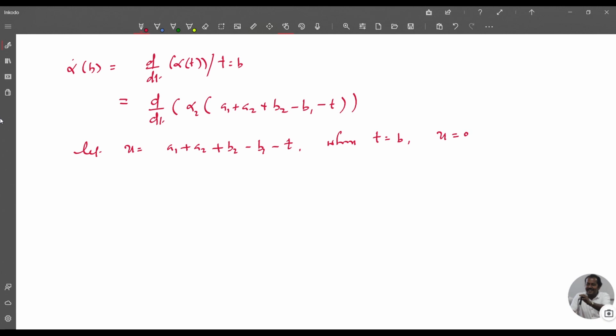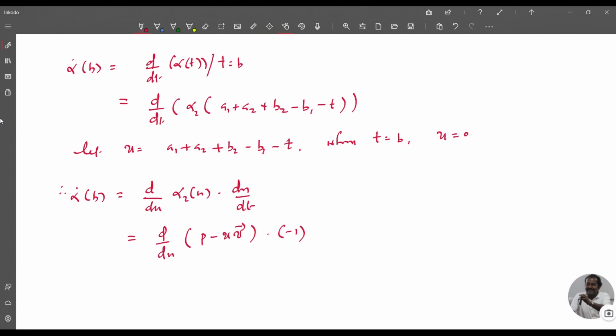That is, therefore alpha dot of B is d by dt of alpha 2 of U, so this is equal to d by du of alpha 2 of U into du by dt. So this is d by du of P minus U into vector V into du by dt, that is minus 1.